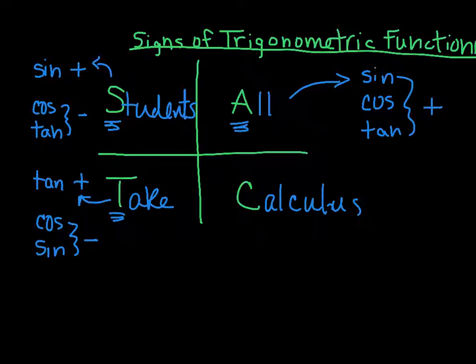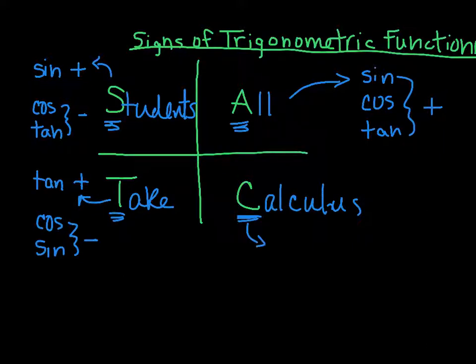Now you can do the same thing. Pick an angle in the third quadrant, so something that's bigger than 180 and less than 270. Okay, anything. And take the sine of that angle, the cosine of that angle, and the tangent of that angle. The only answer that you should get that's positive is the tangent. Okay? All right, so I'm sure that you can figure this one out now at this point.